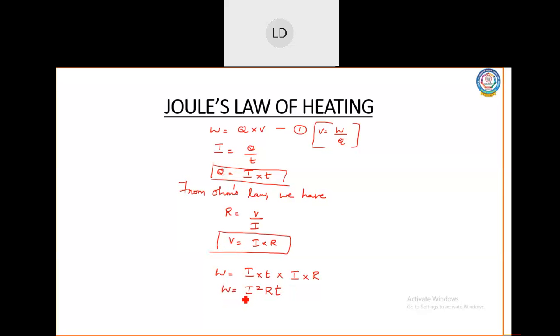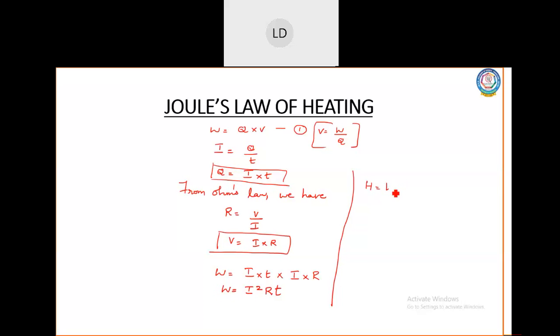Now the electrical work done or the electrical energy consumed, that is, whatever current has been given, is converted into heat energy. Work done is nothing but what? Here work done is energy, right? But here what type of energy? Here it is heat energy. So I will write H is equal to, H represents heat.